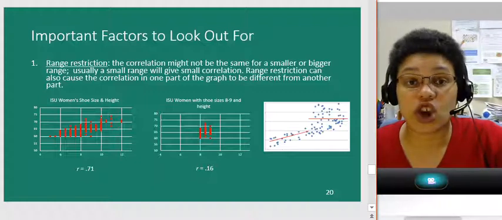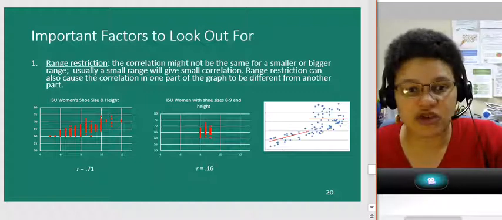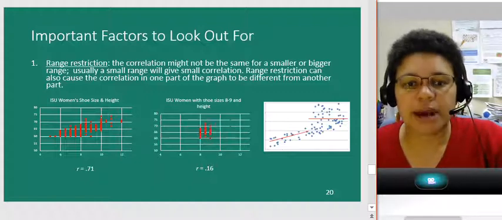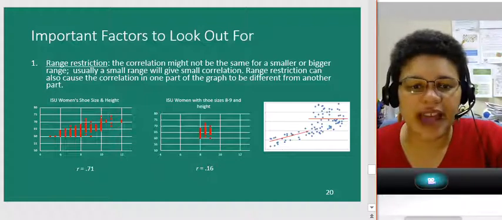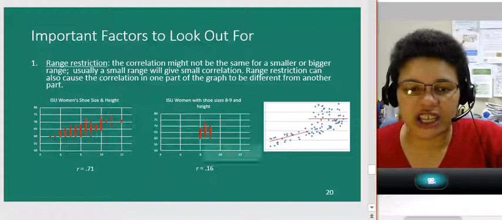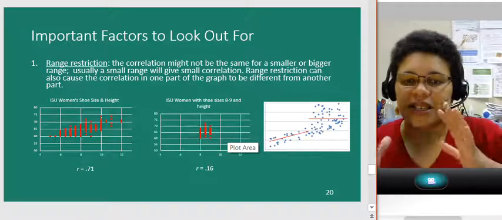That's a strong positive correlation, and you could probably draw a line through there. But if you were limiting it to people between the size of 8 and 9 inches, then it's hard to tell what direction that line would be going, just because your data is limited.